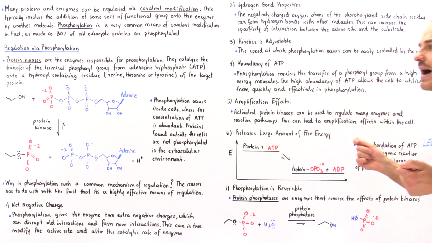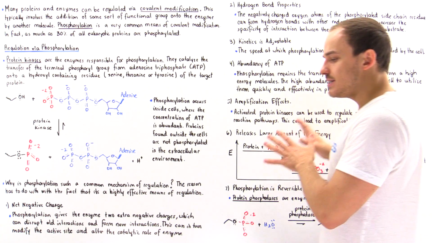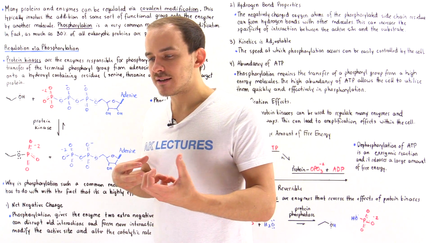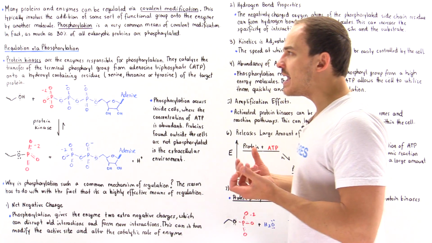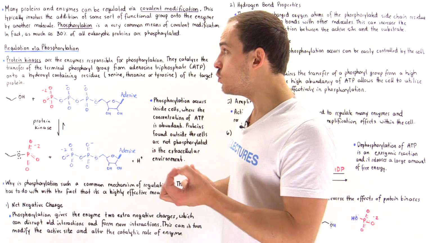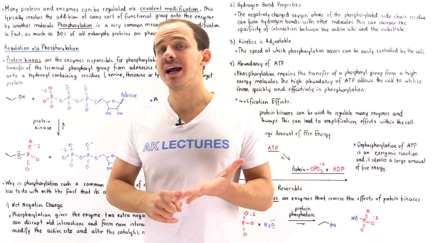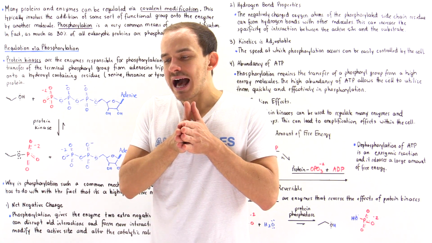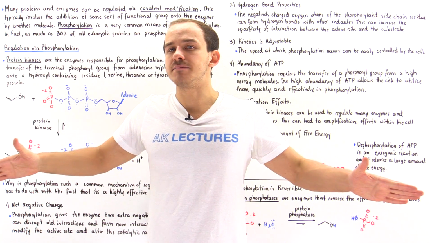Number 5 is, and we'll discuss this in much more detail, the process of amplification that takes place whenever protein kinases are involved. Usually a single protein kinase enzyme can catalyze many enzymes at once.